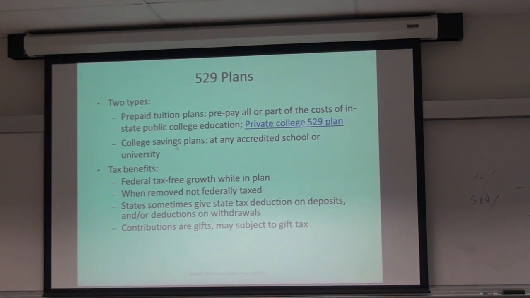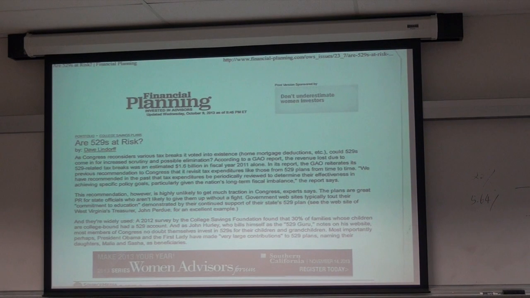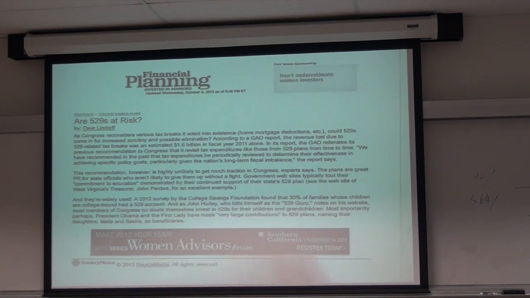Even for the college savings plans, you read the news, sometimes the Congress, the government, it's too much money for them. This is one news I got. You will see it frequently, okay? So this is news. 529 is at risk, and they discuss, I pay too much money for the 529 subsidization, and we cannot cover too much, so we want to cancel it.